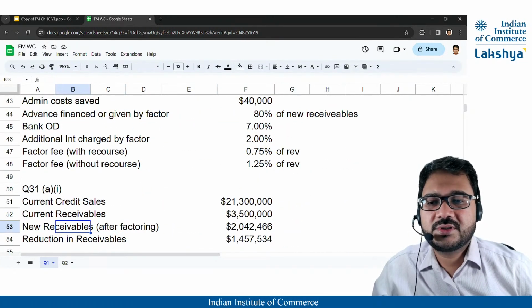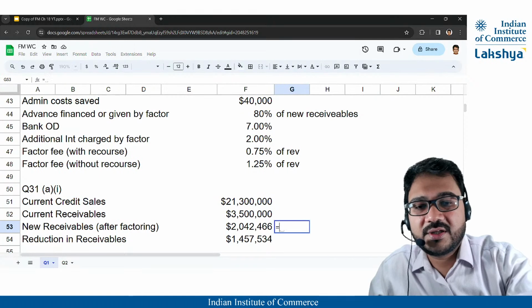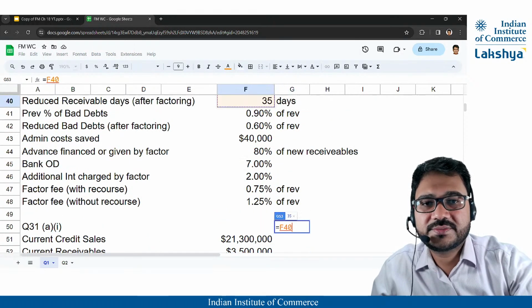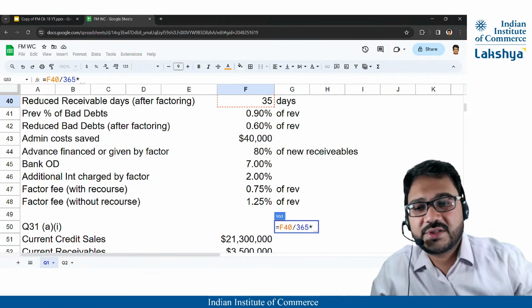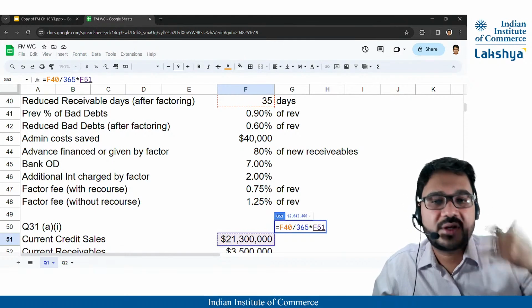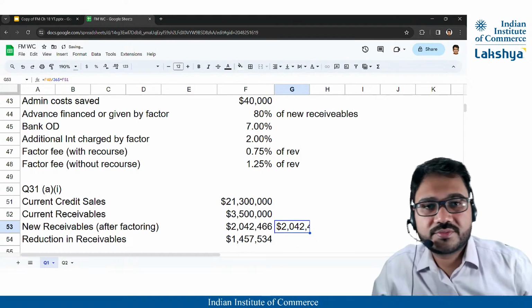New receivables. Now for new receivables, we had our formula. So what is our new receivables? It is new receivable days, 35, divided by 365 days, into credit sales, the current credit sales. Okay.